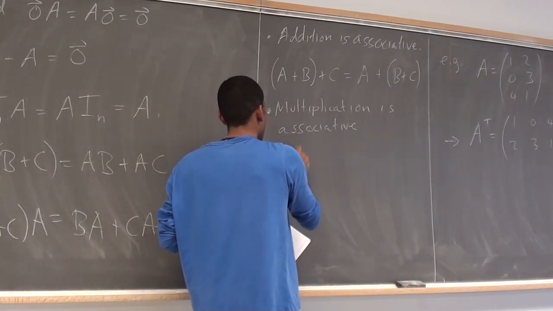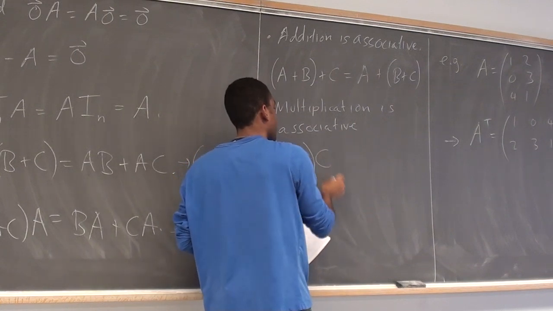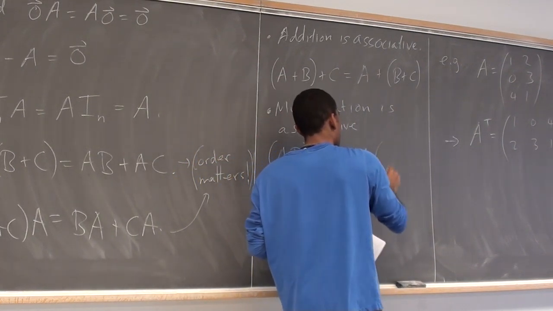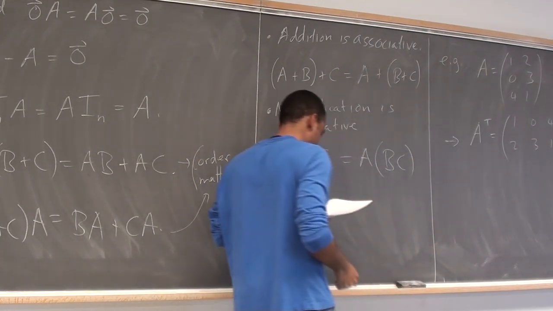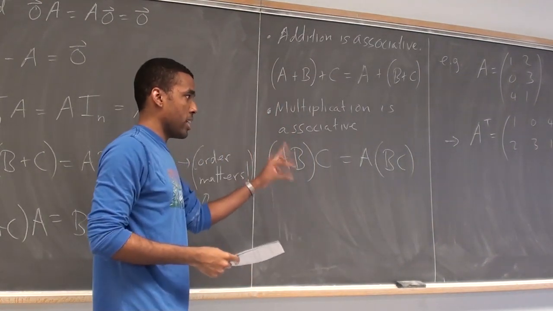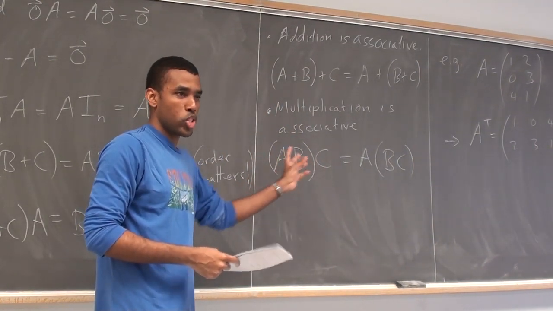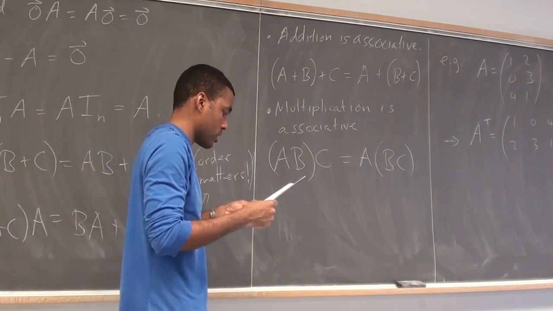That means if I have A times B, and then I take that matrix times C, it's the same as taking A times the matrix BC. So you can't switch them around, but you can move brackets. You can choose which pair you want to multiply first.